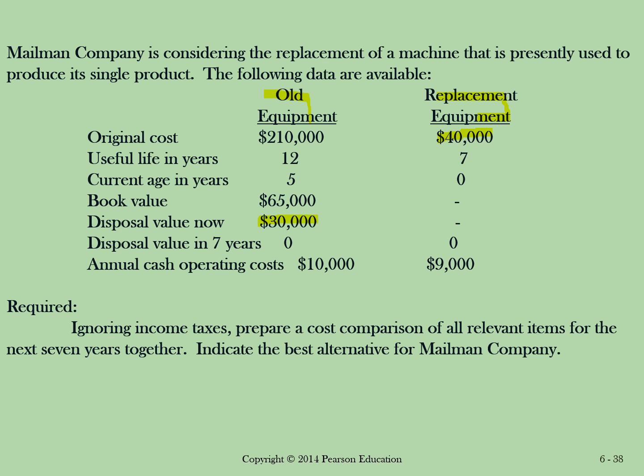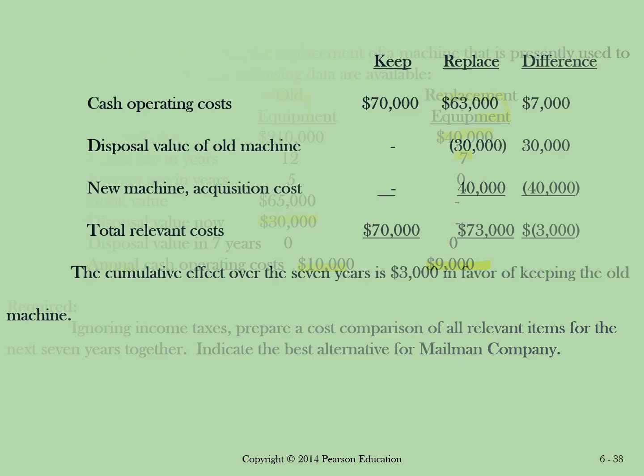But when we go to the annual cash operating cost, take care about this word annual. So we must multiply the 10,000 or the 9,000 by the years or the life which is coming, which is going to be in both cases 7 years, as we can find in the next.